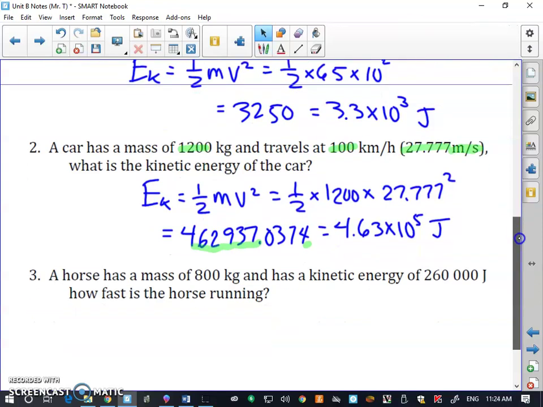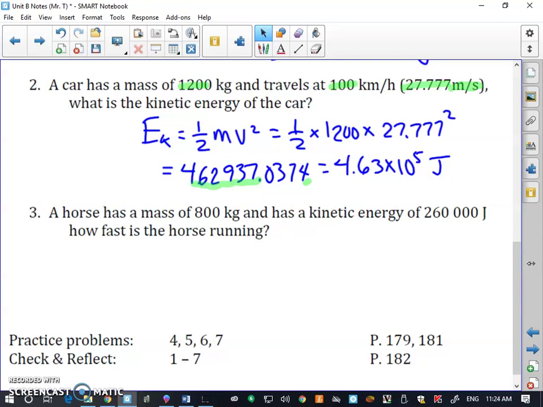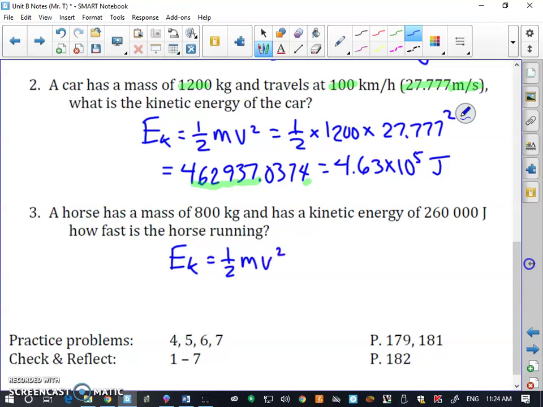And question number 3. A horse has a mass of 800 kilograms and has a kinetic energy of 260,000 joules. How fast is the horse running? So when we use the formula here, we need to solve it for the unknown here, which is the velocity, or speed. And so what we can do is we can put in all our numbers.